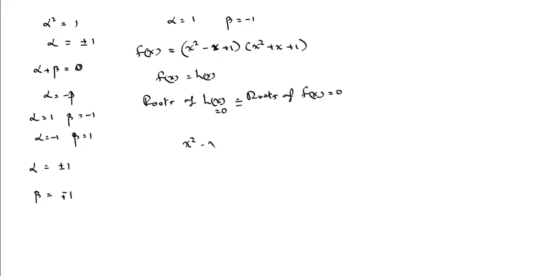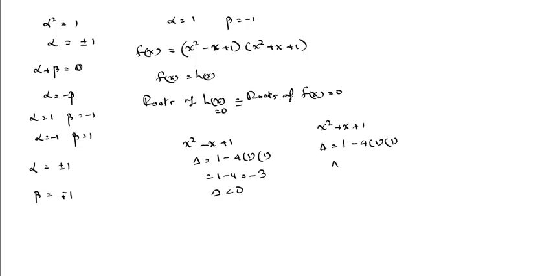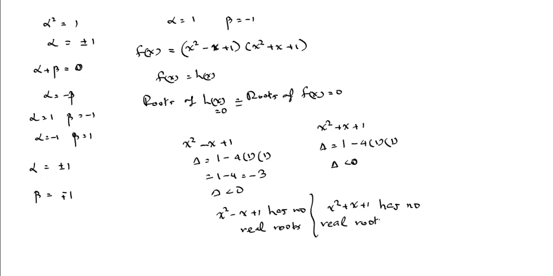We know that for x squared minus x plus 1, the discriminant is b squared minus 4ac, 1 minus 4, which is minus 3, so the discriminant is negative. For x squared plus x plus 1, the discriminant is again negative. So x squared minus x plus 1 has no real roots, and x squared plus x plus 1 has no real roots. Both of them don't have any real root.